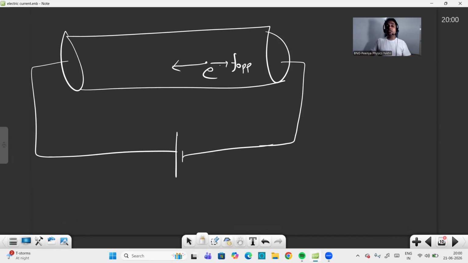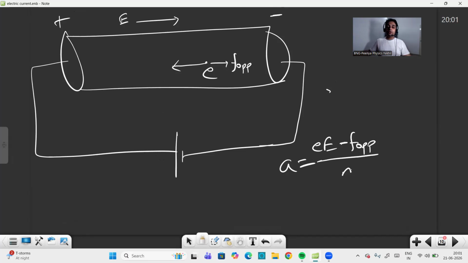Now there is an electric field due to this supply, with a higher potential and a lower potential. So for acceleration we can write the external force, that is eE, minus F opposition, divided by total mass.